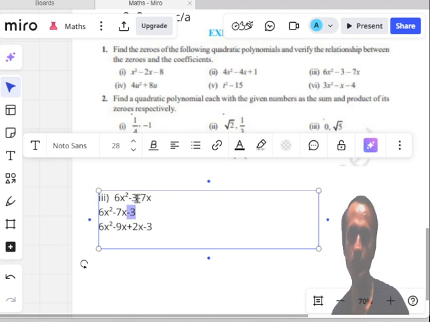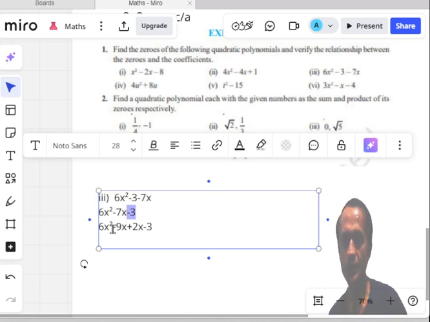So the product will not be negative, it will be positive. So I need to split this middle term such that one zero is positive and another zero is negative.